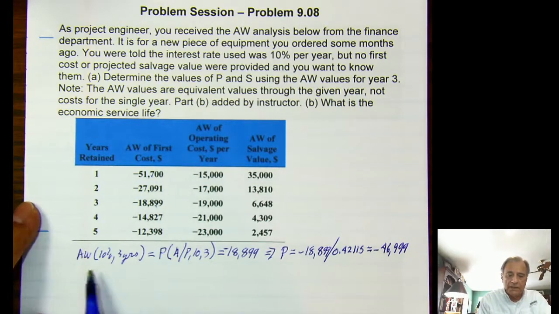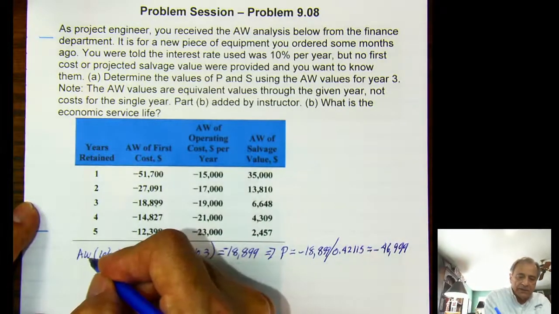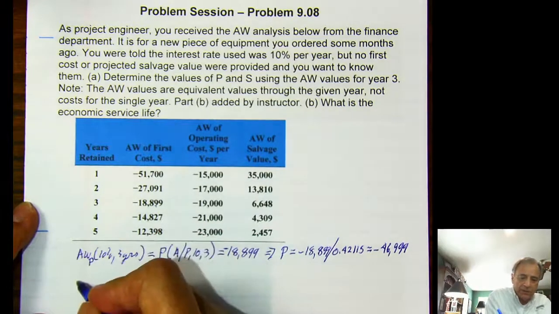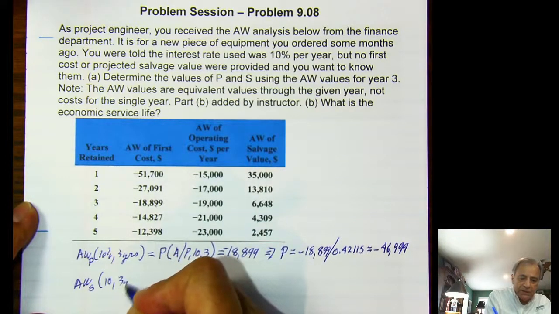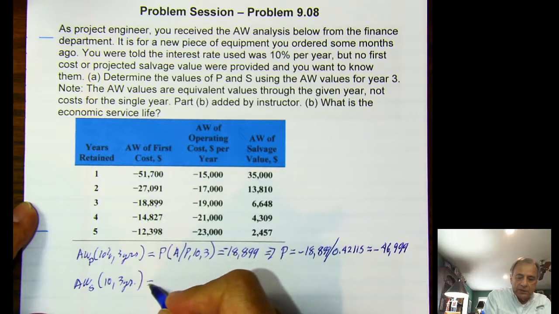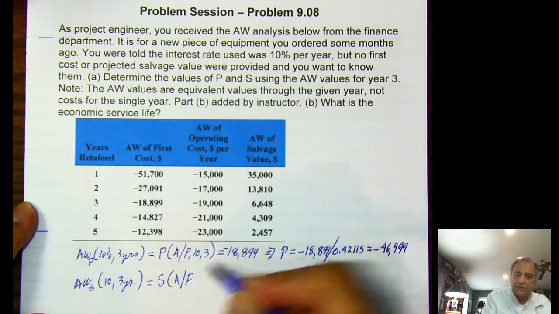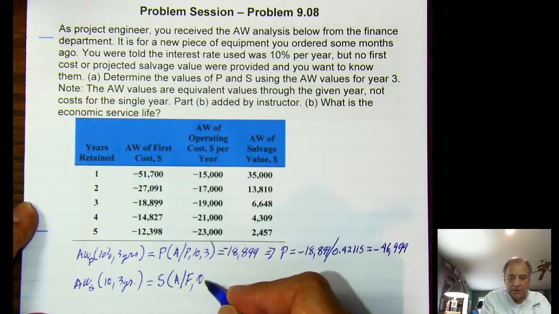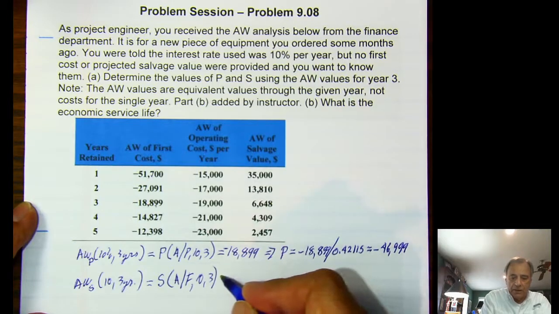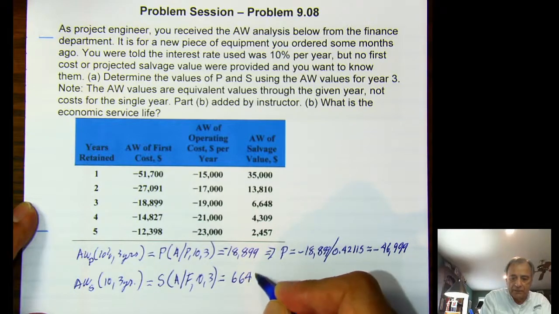The next thing we'll do is the annual worth of the salvage value. The annual worth of S at 10% for 3 years would be equal to S times A given F, because S occurs at year 3, 10%, 3 years, which is equal to, and this is a plus, 6648.